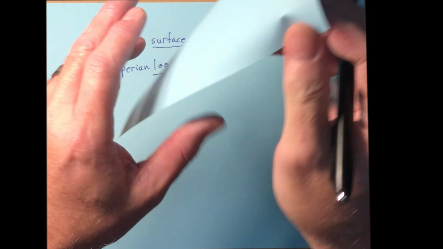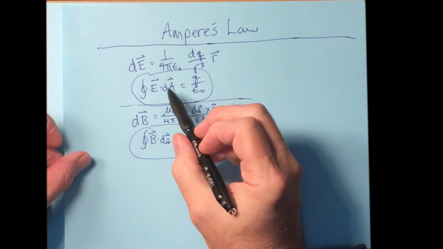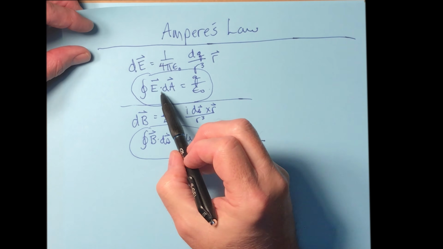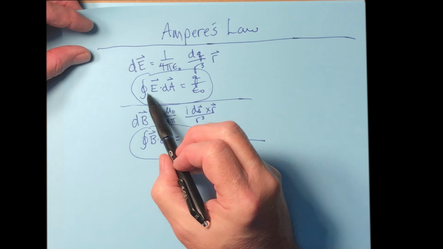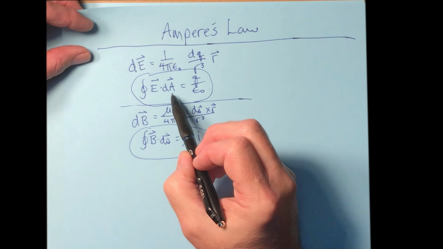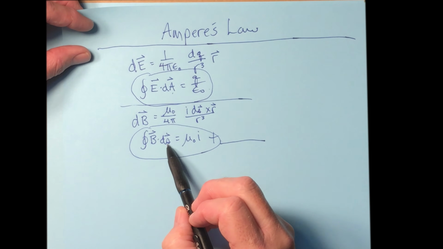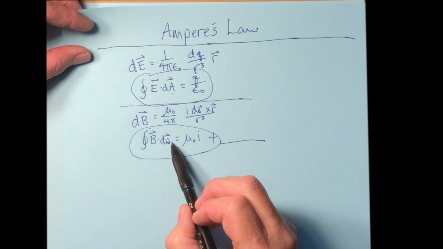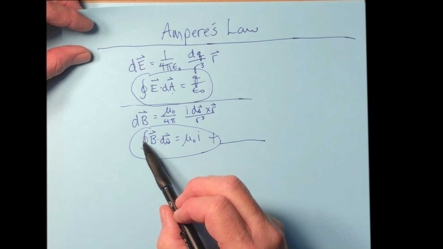Well, look back here at the equations. When we dealt with Gauss's law, we were dealing with a closed integral over an area. So this was a closed surface integral. So our Gaussian surface was a three-dimensional surface. Here, the ds stands for a line. So this is going to be a line integral, but it is a closed line integral.